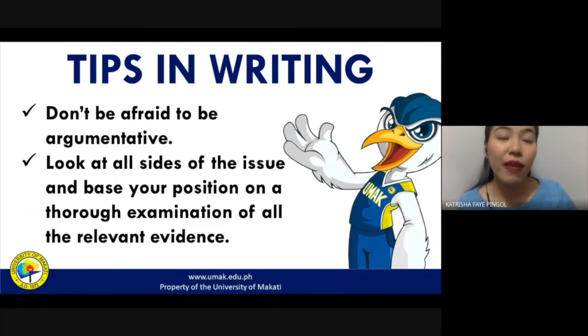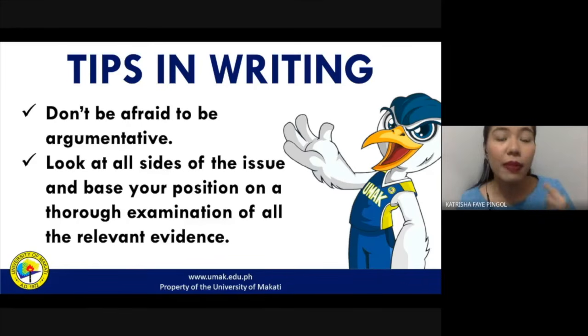Okay, like what we have mentioned earlier, it's not enough that just because, for example, your friend agrees with it, or your entire family agrees with it, or your entire class agrees with it, then automatically you would agree with it as well. No, that's not the case.